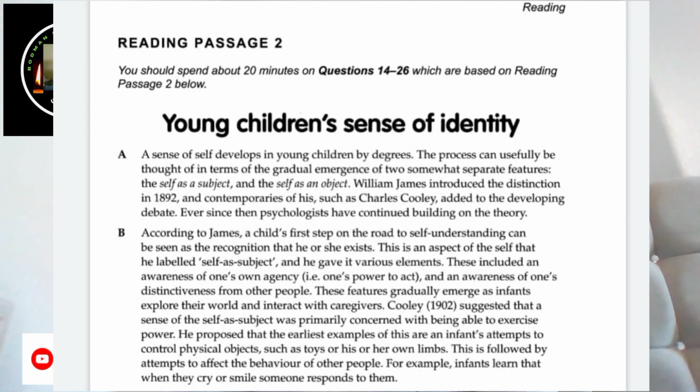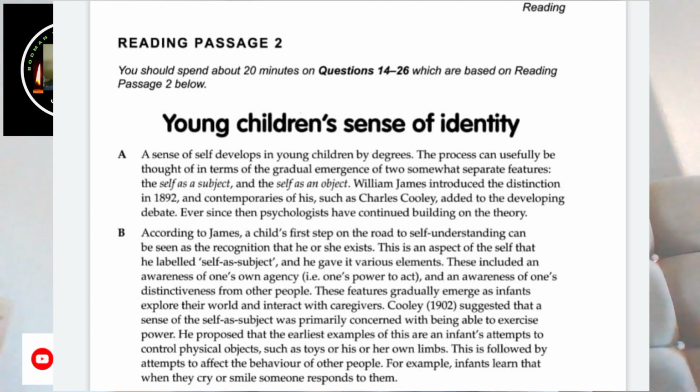Ever since then, psychologists have continued building on the theory. Now, according to James, can you see? They now want to say what James really said. According to James, a child's first step on the road to self-understanding can be seen as recognition that he or she exists.